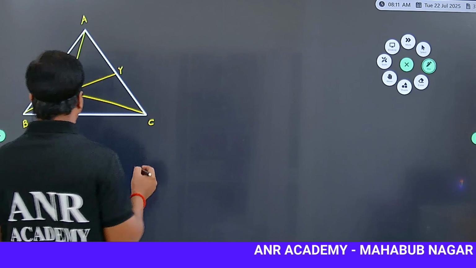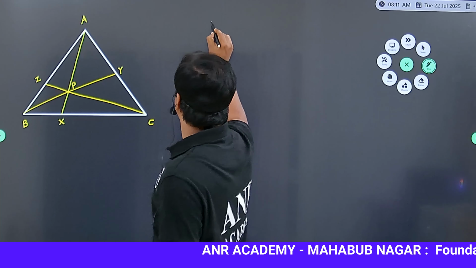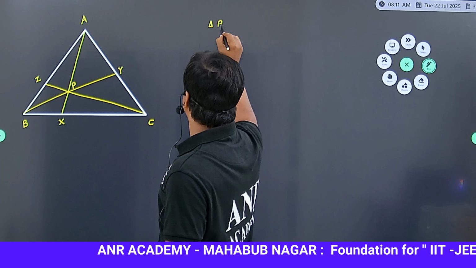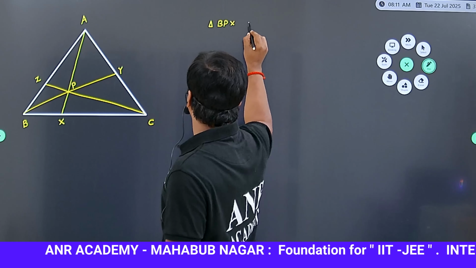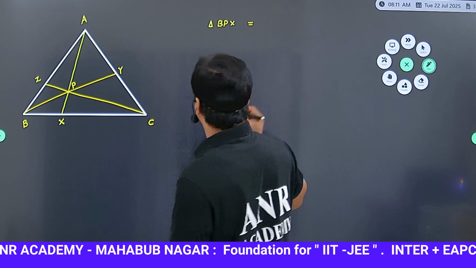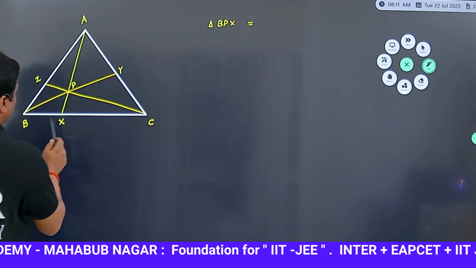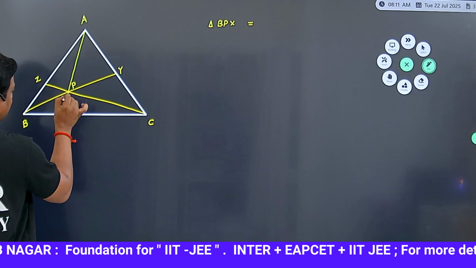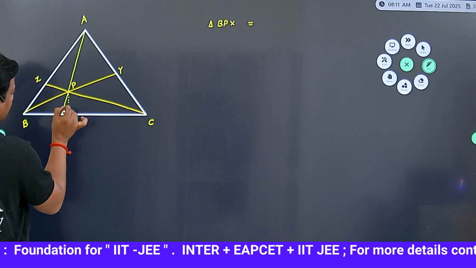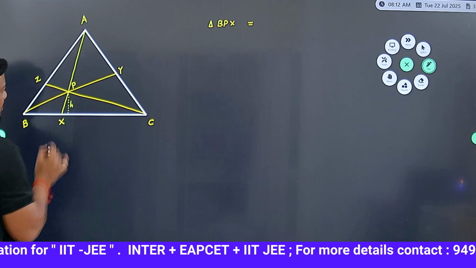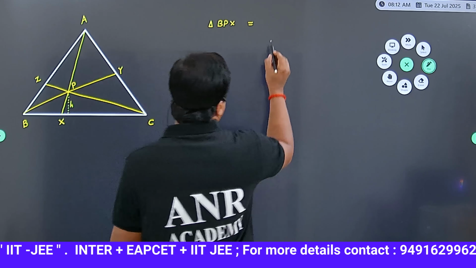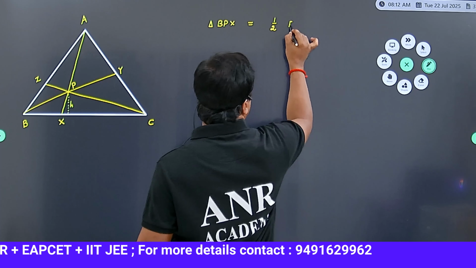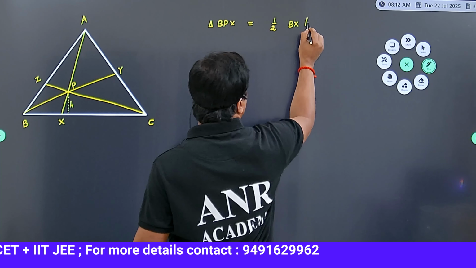Now I am going to write the area of triangle BPX. Area of this triangle BPX, here it is of height, suppose small h. I can write half into base value BX and height small h.